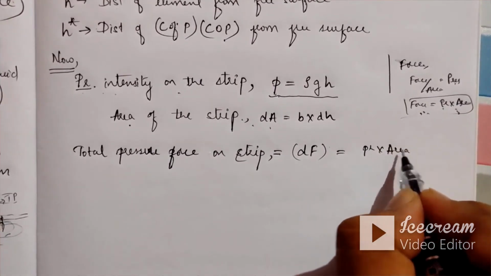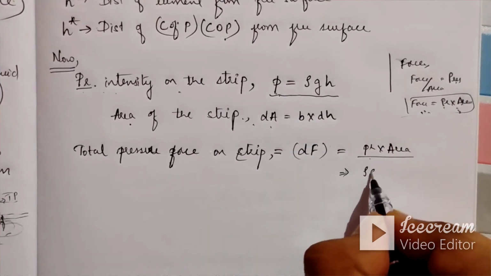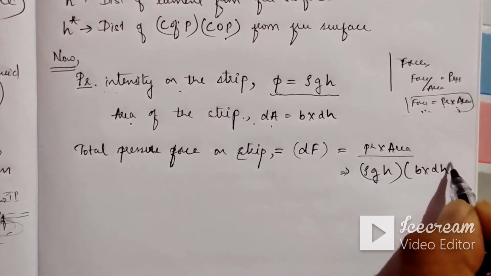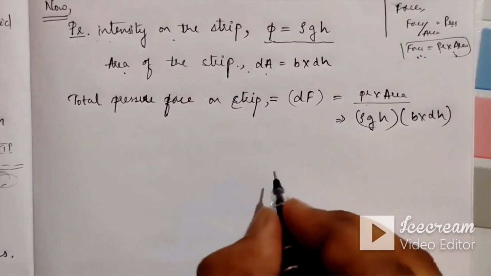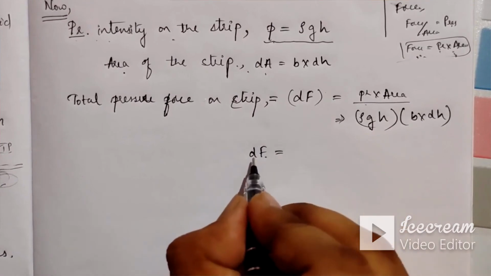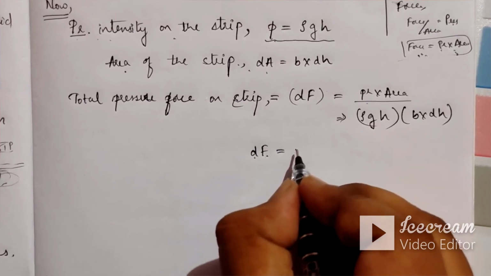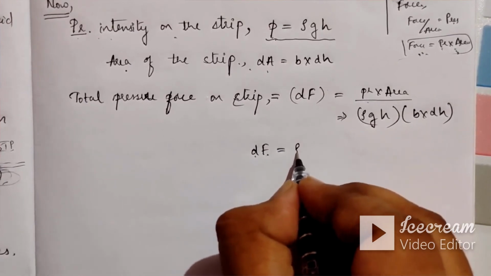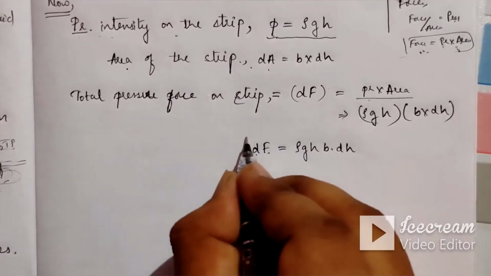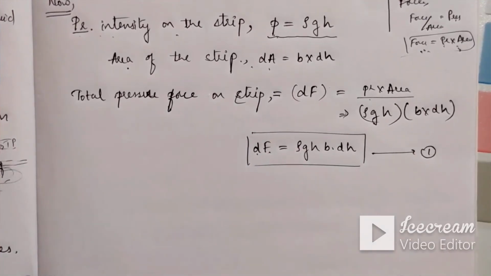I am going in detail for this; for next derivations, I am not going in detail. What is pressure? rho g h. What is area? b into dh. So the total pressure force on the strip, a small force dF, is equal to rho g h b dh. I'll take this as equation number 1.